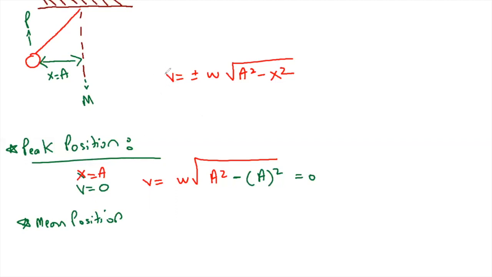Because come on, velocity is here, right? So in most of the cases, this formula is going to be used to find velocity. Now, I know that, okay, what is my displacement at mean position? Come on, guys. What is my displacement at mean position? Yes, it's 0.